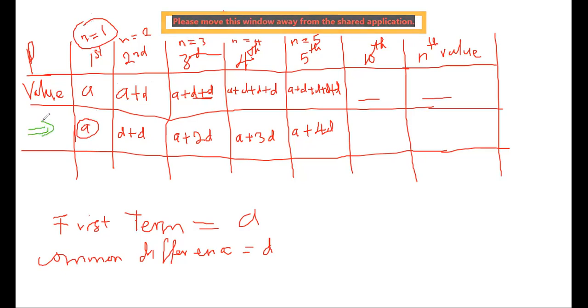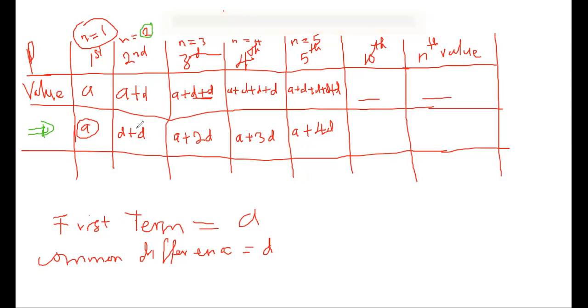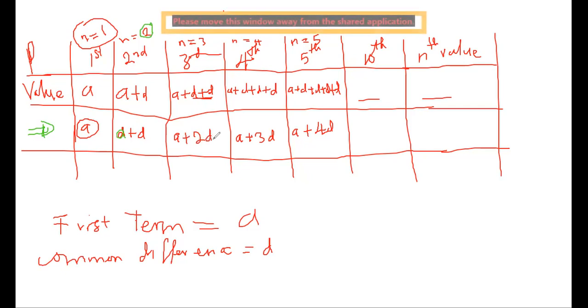When n is equal to 1, we have A. When n is 2, we have A plus D. When n is 3, we have A plus 2D. When n is 4, we have A plus 3D. Is there any relationship between the value of n and specifically the D? Because the A is common.